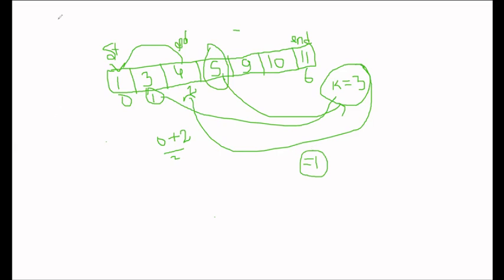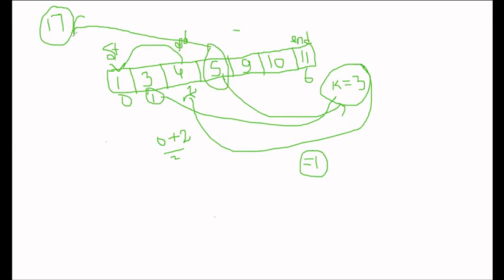So let's try searching for an element that is not in this array. Let's try to search 17. Start will be here, end will be here. When we calculate mid, this will be 5. 5 will be compared with 17. It is not equal to 17 and 17 is greater than 5.